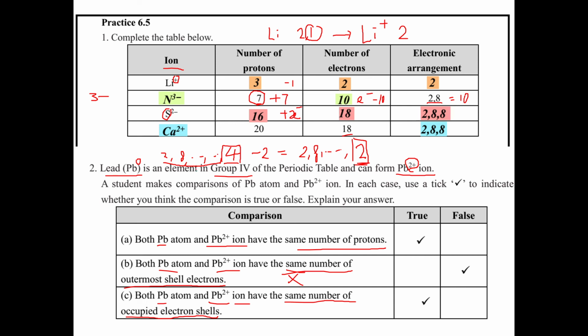Although you may not know well what is in between, it is out of the first 20. You don't need to know, but you can tell they are the same, you can guess it. So they should have the same, with outermost shell 4 and 2 in the same final electron shell only. So they should have the same total number of electron shells.